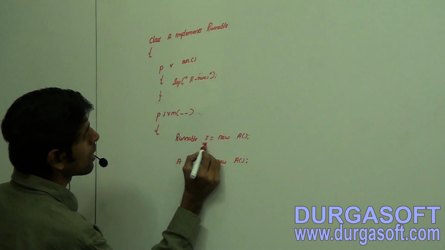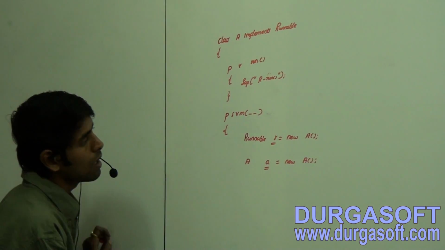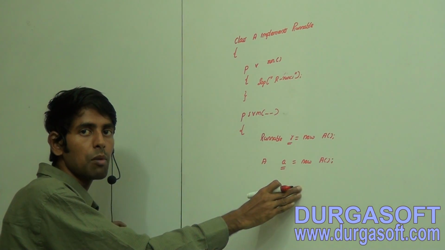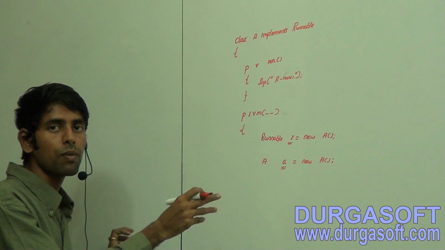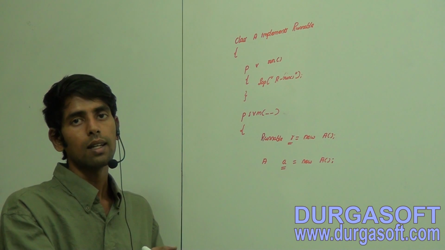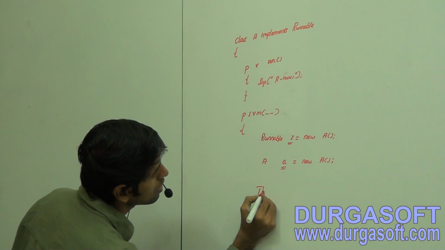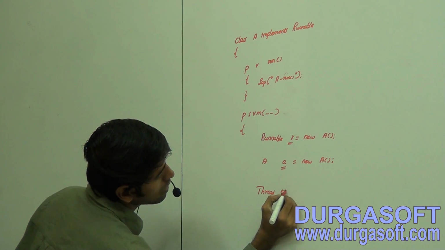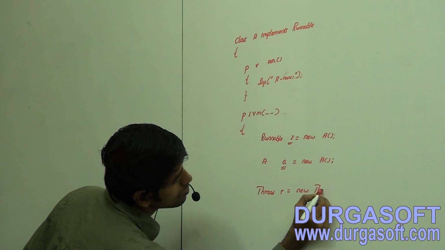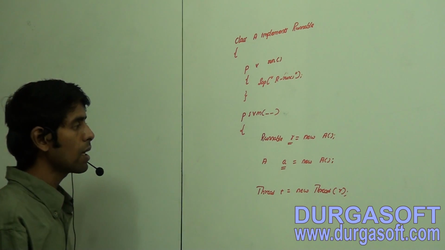This is one reference of type Runnable, and this is a reference of type A. A parent reference can be used to hold the child object, and a reference of that particular type can be used to hold an instance of that class. Now the other one is what? Thread t = new Thread(r).